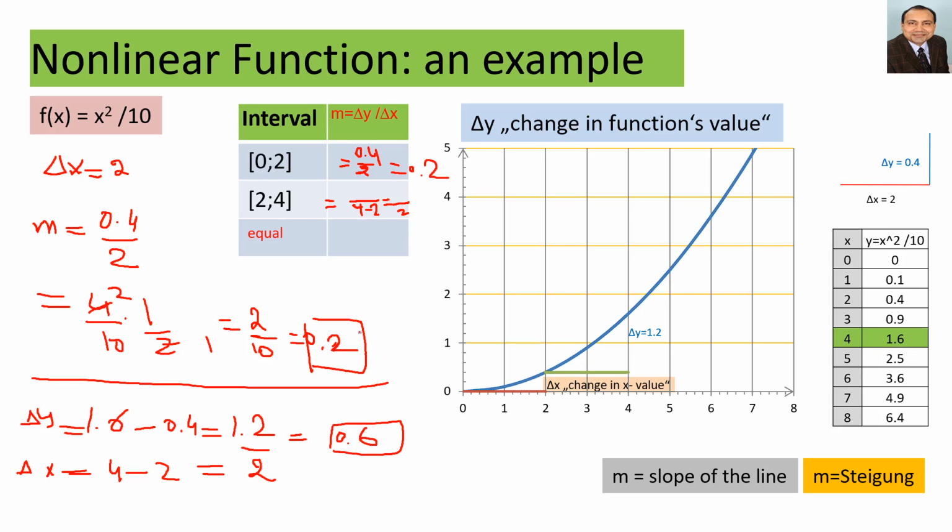So m is not the same. Here delta y was 0.4 for the other interval. For each interval, m is not constant.